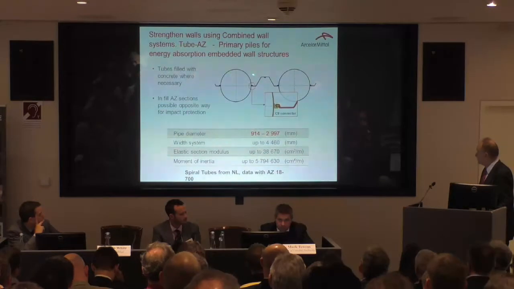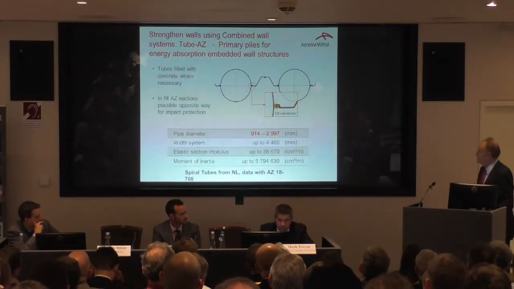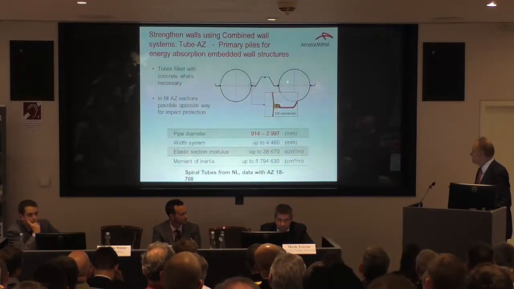The maximum stiffness you can possibly get for a sheet pile is about an EI of 250 kilonewton meters squared per meter. So we can increase the stiffness of the wall by up to 10 times by introducing combi piles.